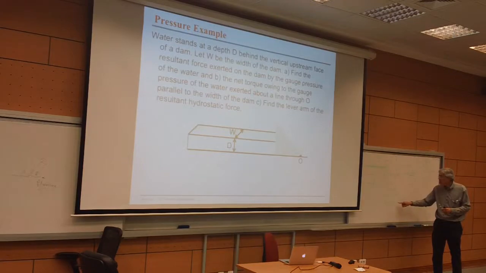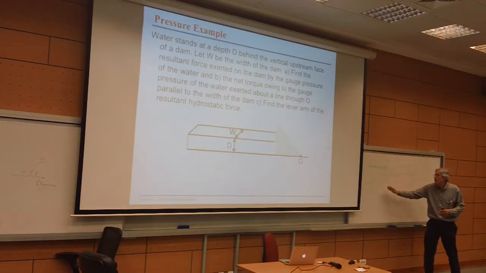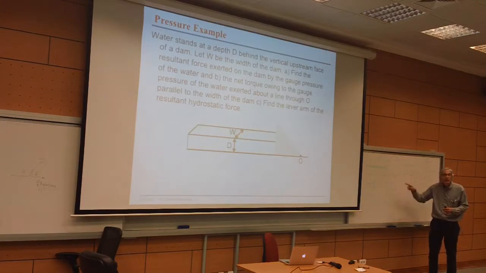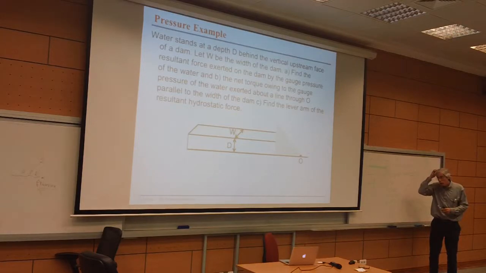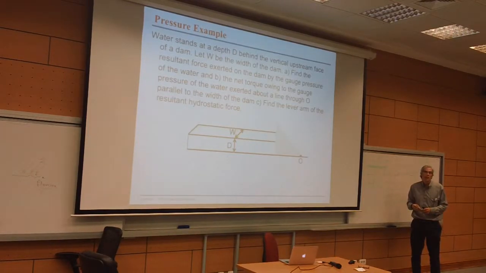So if I want to change to another variable, like r or theta, I could integrate with respect to theta, but then I have to write y in terms of theta, and I have to write the lever arm in terms of theta. So this is a simpler way of doing it. But the two ways are the same. Yes, you can do it. You can write the depth and the lever arm in terms of the angle theta, and integrate over theta. That's the third way. There's probably other ways you can do it too.